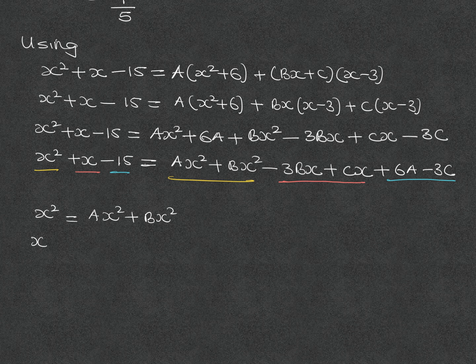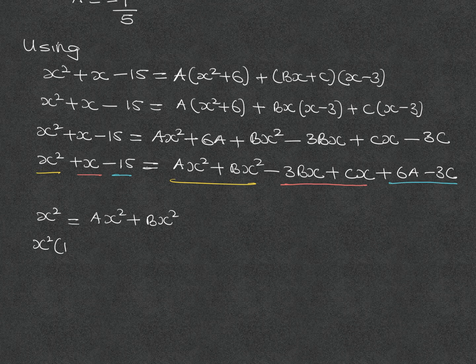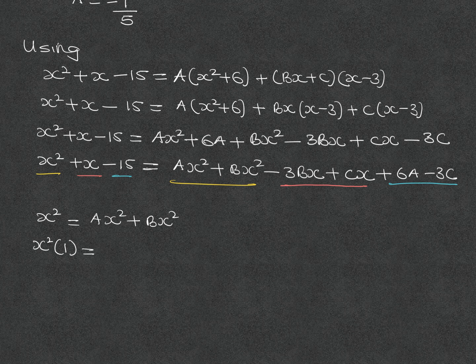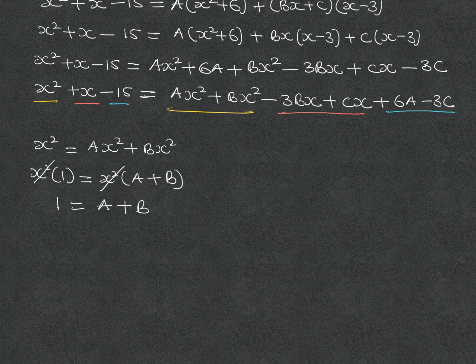So we'll have x squared into 1 is equal to x squared into a plus b. Okay, then when we do that, it means this x squared can cancel this x squared, then 1 is equal to a plus b. So that can also be said as a plus b is equal to 1, and let's call this equation 1.